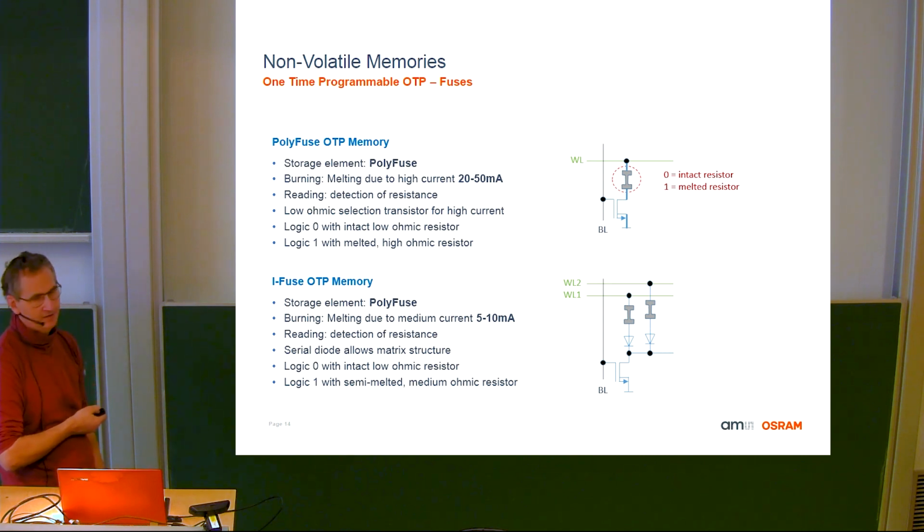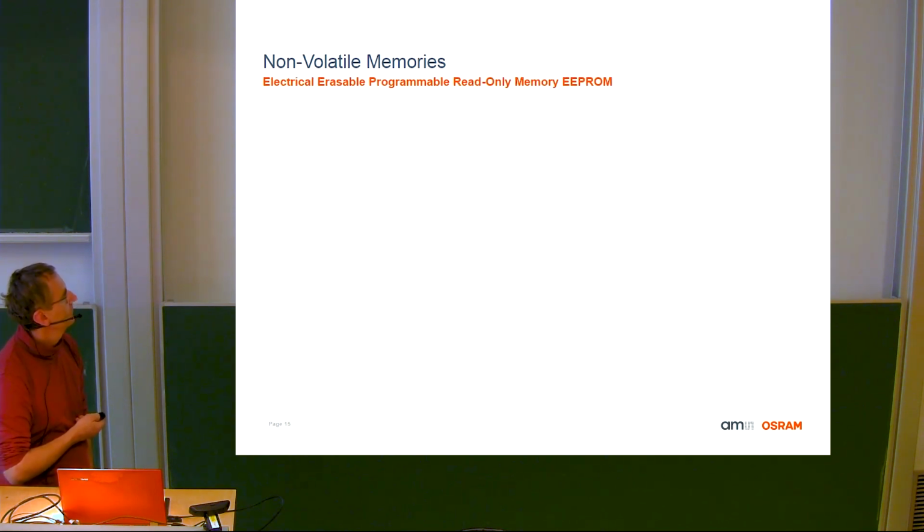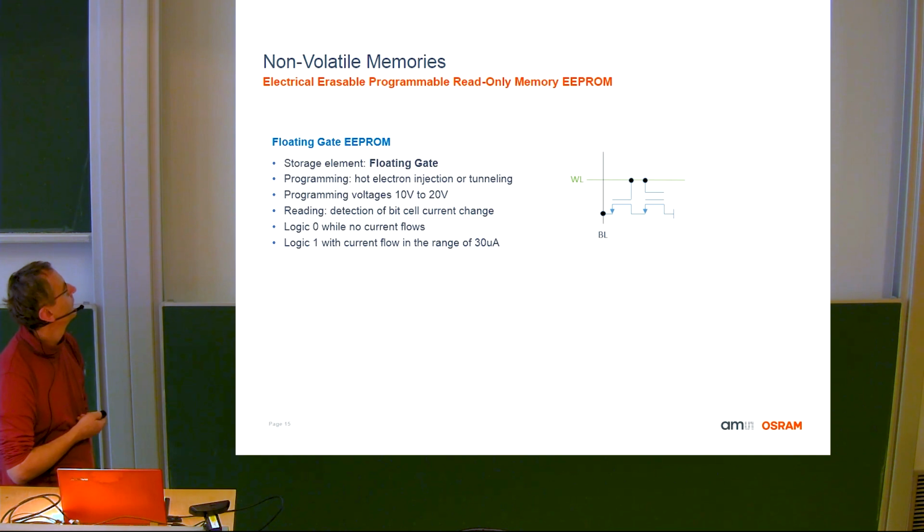And then you have a certain spread, so you have to ensure that you can build a distribution on the unprogrammed side and a distribution on the programmed side, so that there's enough room for a comparator inside. This will be explained later in more detail. So here, the same: one is intact, one is melted or semi-melted. Then you can distinguish between 1 and 0.